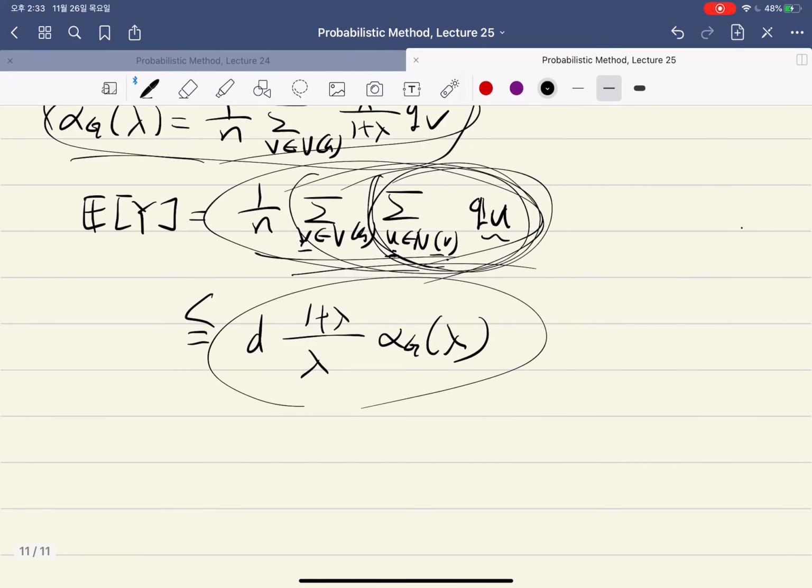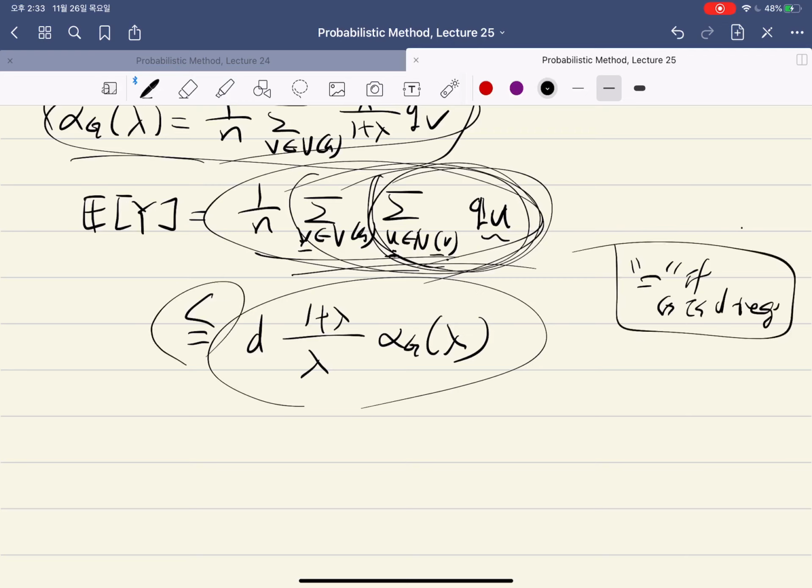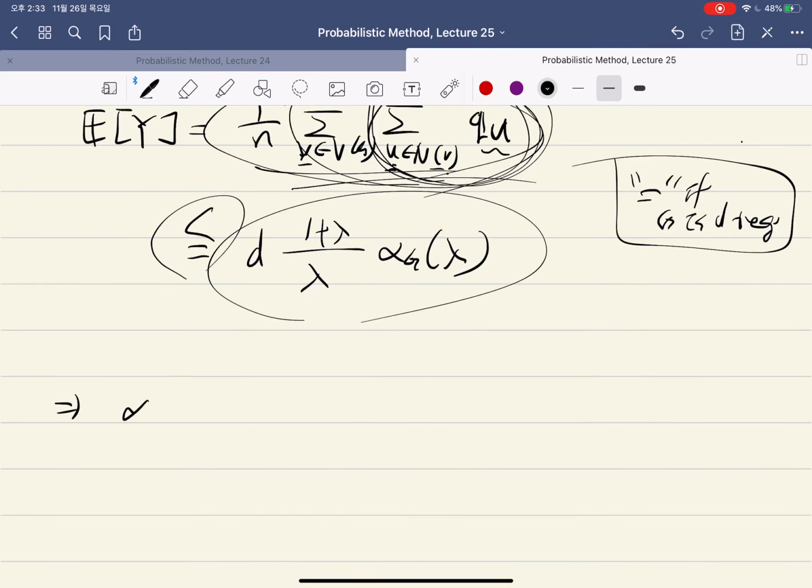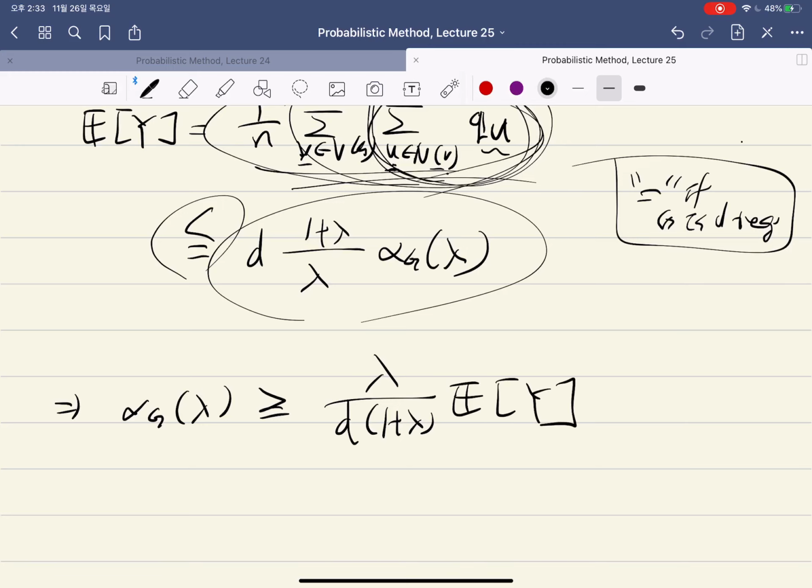And this is actually an equality if G is D-regular. But for a graph with maximum degree D, this is an upper bound. Then this provides that alpha of G, lambda, is at least D times (1 plus lambda) over lambda, times expectation of y.